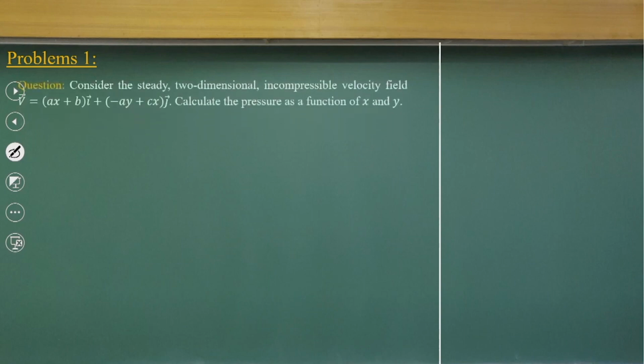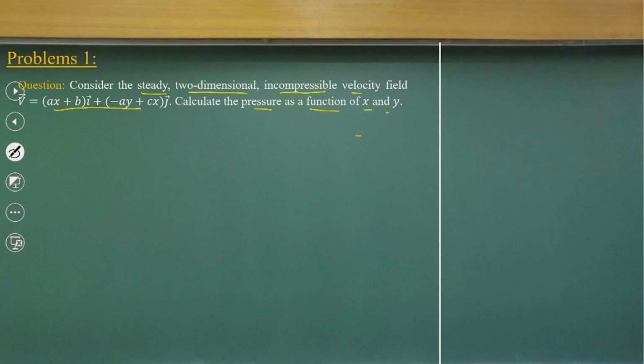The problem is that there is a steady, again I am emphasizing, two-dimensional incompressible velocity field given to us. We have to compute the pressure, which is a function of x and y.